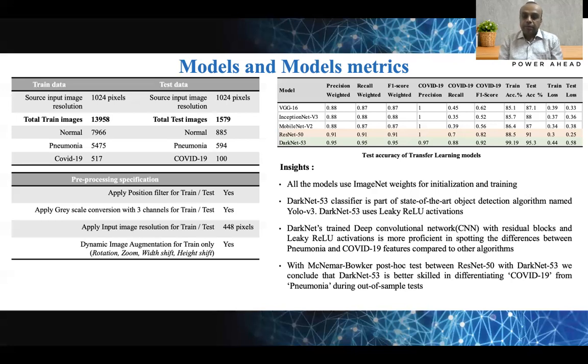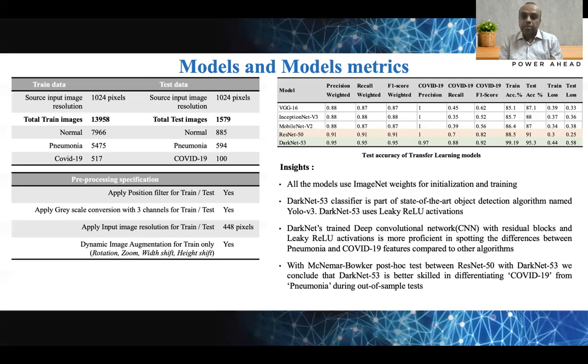On your right-hand side, we can see that we have reported the performance of all the models. The main models that have given us good accuracy are ResNet 50 and DarkNet 53. What we observe from these results is that DarkNet 53 is giving very good results, mainly because it uses the leaky ReLU activation with the residual network.